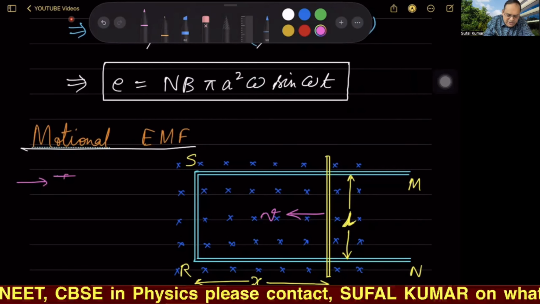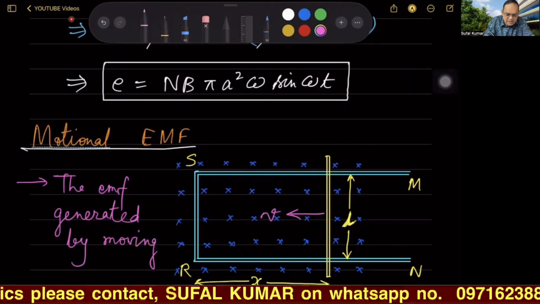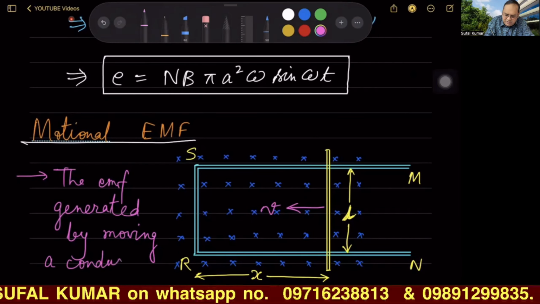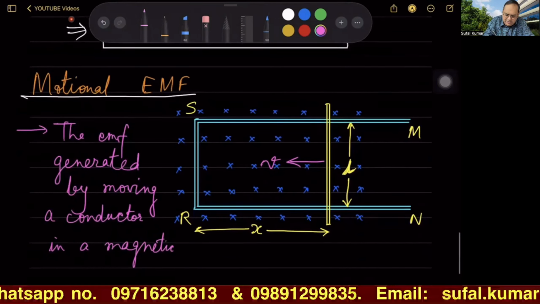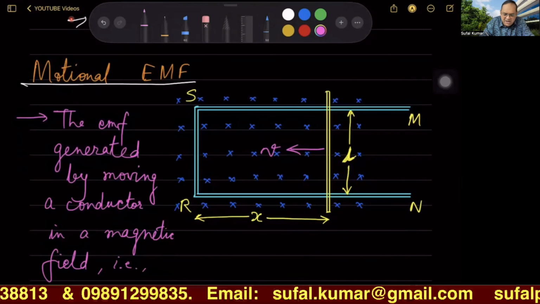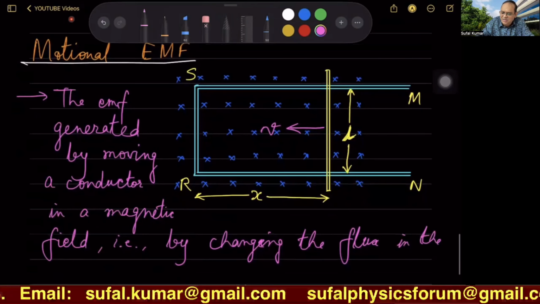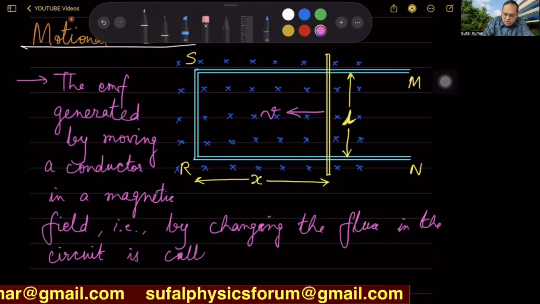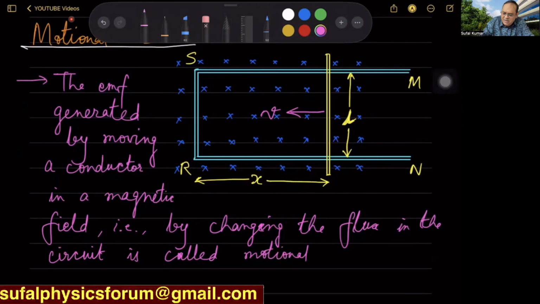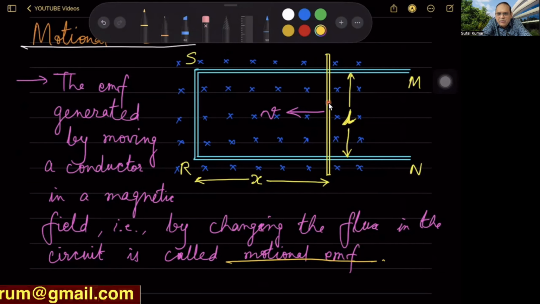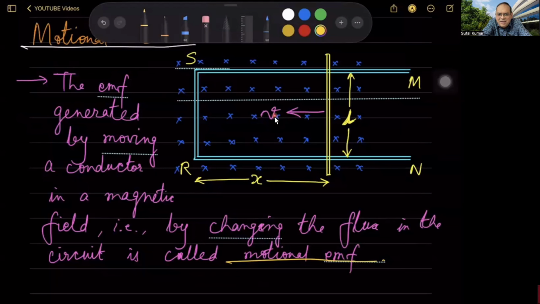The EMF generated by moving a conductor in a magnetic field, that is, by changing the flux in the circuit, is called motional EMF. That means when this rod is moved in this leftward direction with speed v, then magnetic flux is changing.